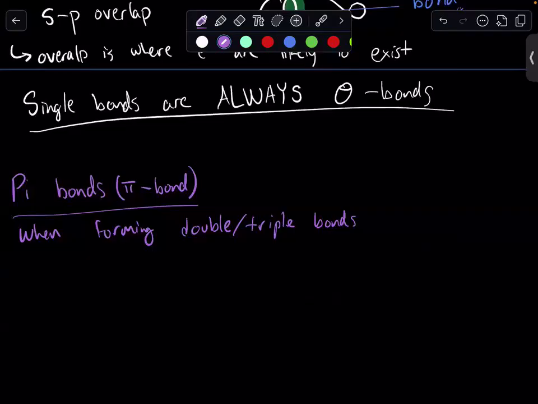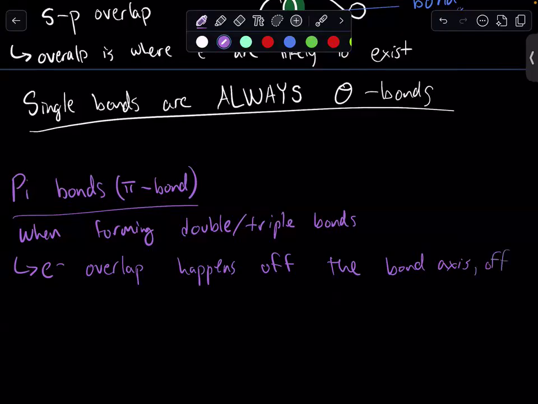And what happens here is that the electron overlap happens off the bond axis. And we'll see why, and it's due to the shape of the bond. Off the bond axis, off the sigma bond.